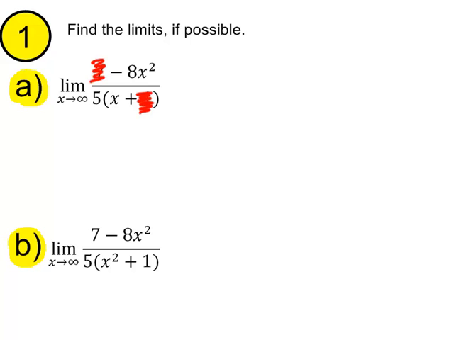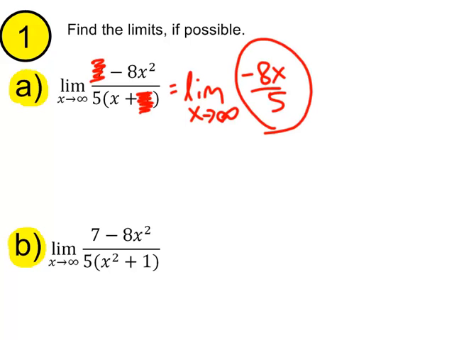So after crossing out those constants, we see that what we have left is negative 8x squared over 5x. And if we reduce that fraction, if we divide both numerator and denominator by x, we get negative 8x over 5. And of course, we still have the limit as x goes to infinity. And we can tell that if we try once again to plug in x getting really, really big, 100, 1,000, 1,000,000, this is just going to become a really, really large negative number.